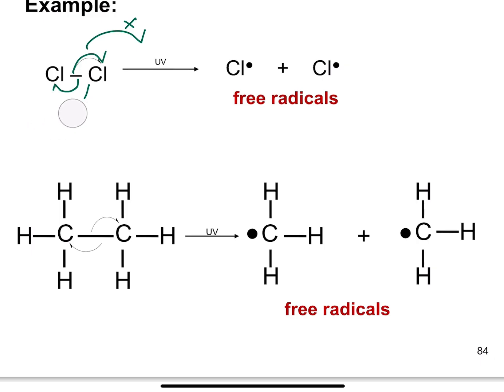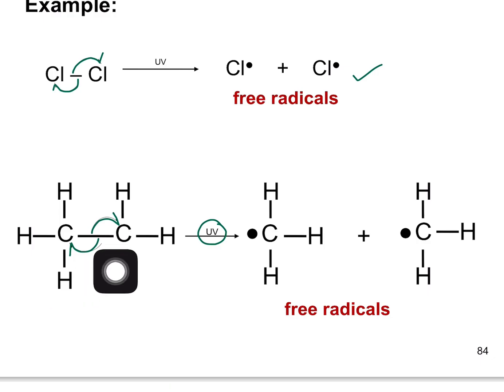I want the arrow to be very specific, from the bond to the atom. I want it to be very, very specific. So we have free radicals over here. Same goes to this: if I supply it with energy, UV, this single bond within carbon-carbon may undergo homolytic cleavage. So please correct the arrows, make them more visible in your notes. Please do this.